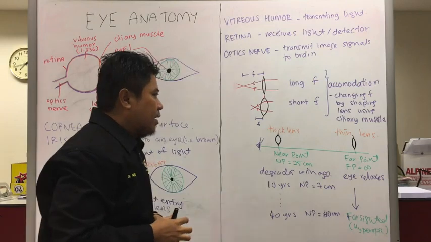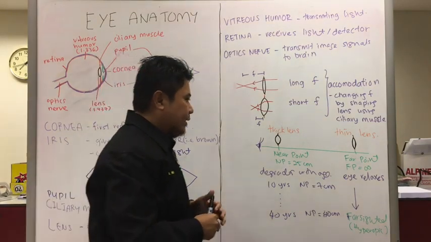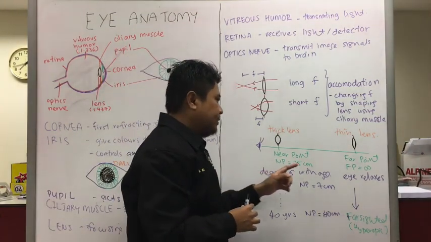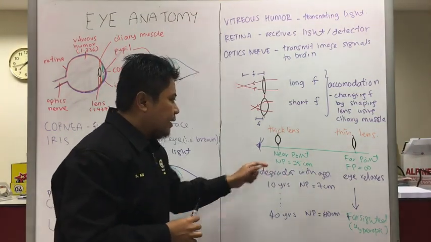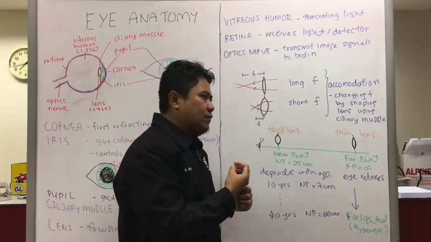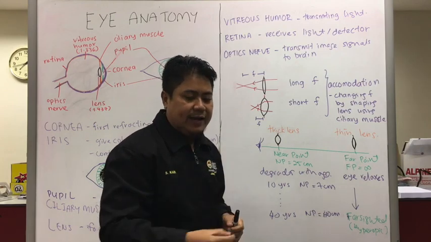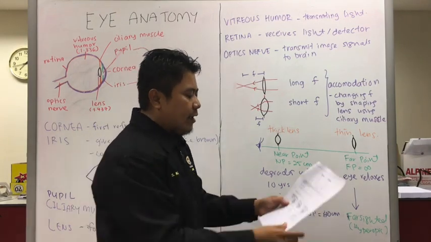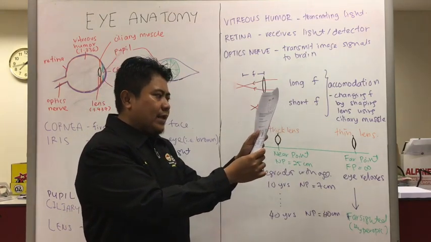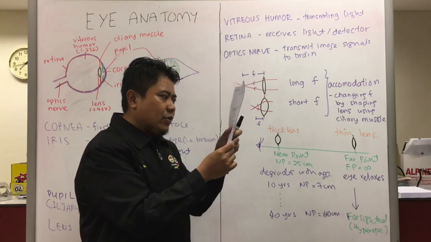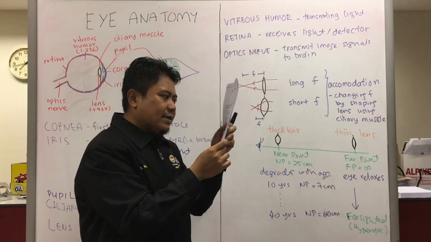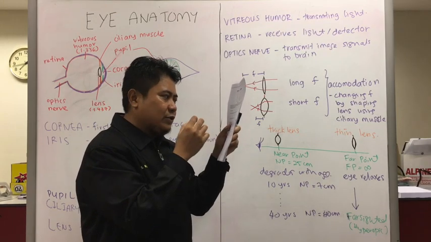This process is done automatically by our eyes, shaped by the ciliary muscle inside our eye. Alright, so there are two points of importance in our vision. First is the near point, and second is the far point. What is the near point? The near point is the point where you can see an object clearly when it is close to your eye. For example, you have a paper and you try to put it as close as possible to your eye, and there is a limit at which you can still see it clearly.